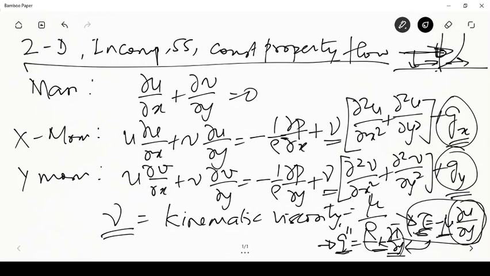So if I have a fluid in a gravitational field, and let us say the vertical direction is y, then you have gy present. In a gravitational field where the y-axis is aligned opposite to the direction of gravity, that is, the gravity is in the negative y direction, then gx will normally be 0 and gy would be minus g.